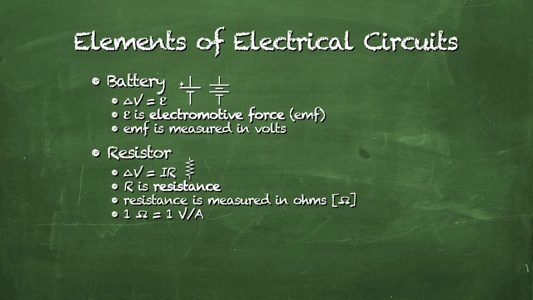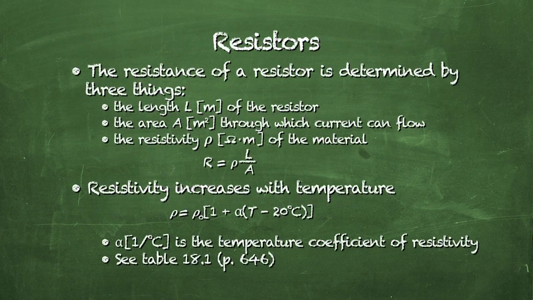In the equation, the change in voltage across the resistor is equal to the current through the resistor times the resistance. Let's talk about the factors that affect the resistance of a resistor. Empirically, the resistance of a resistor is determined by 3 things: the length of the resistor, the area through which the current flows through the resistor, otherwise known as the cross-sectional area of the resistor, and finally, the intrinsic resistivity of the material.